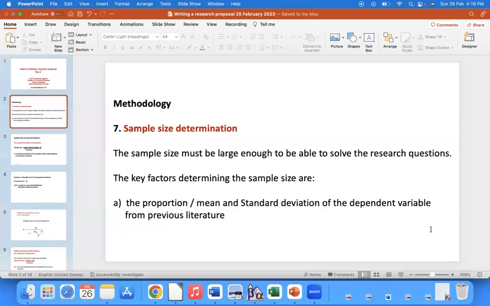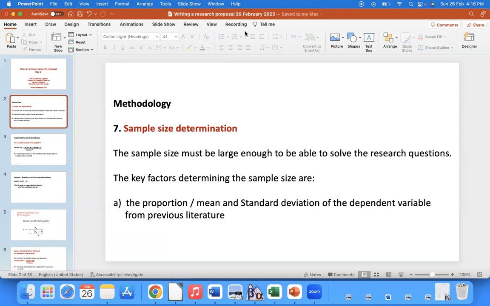Alpha error and beta error. Do you know what is alpha error? What is beta error? Any of you can share? Alpha error is when we reject the null hypothesis when actually it should be accepted. The null hypothesis is actually true in the population, but it is rejected, right?